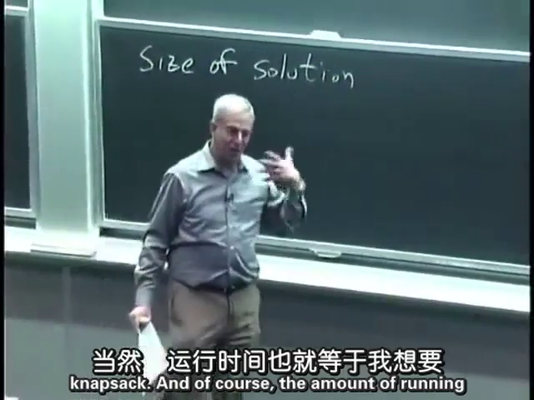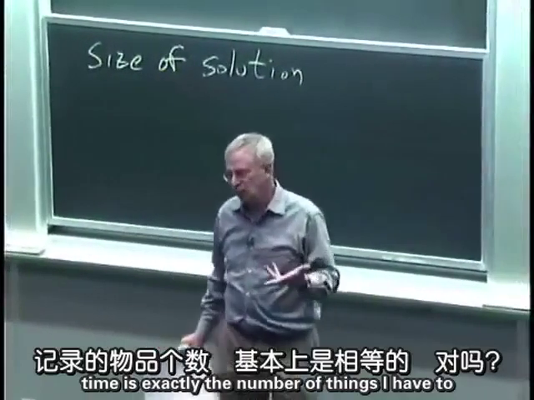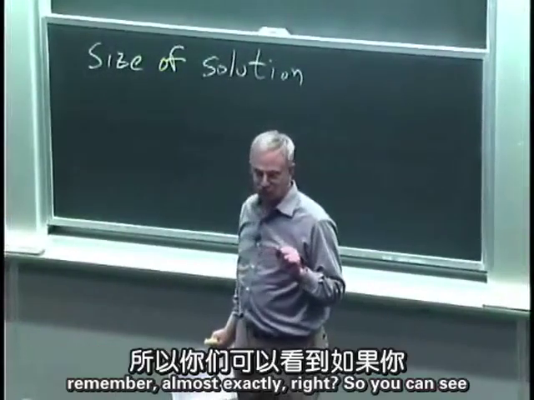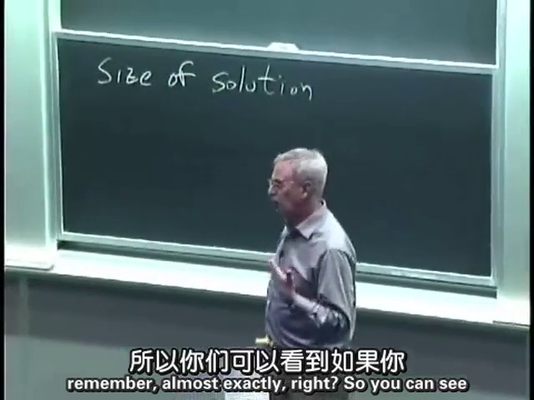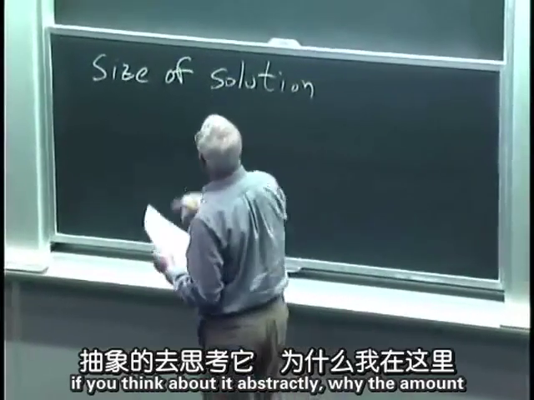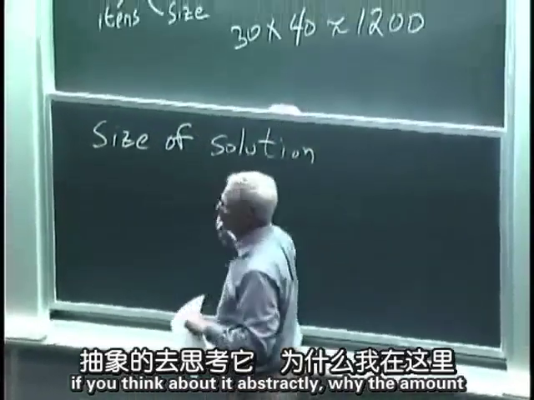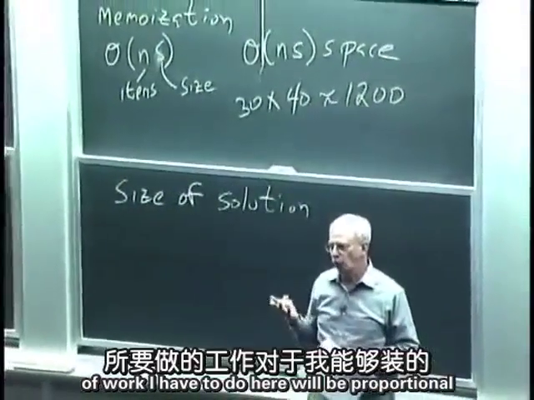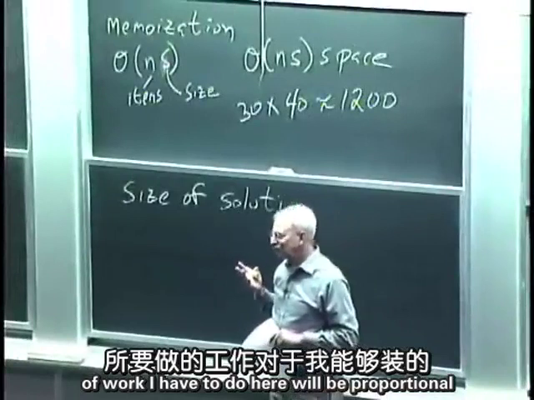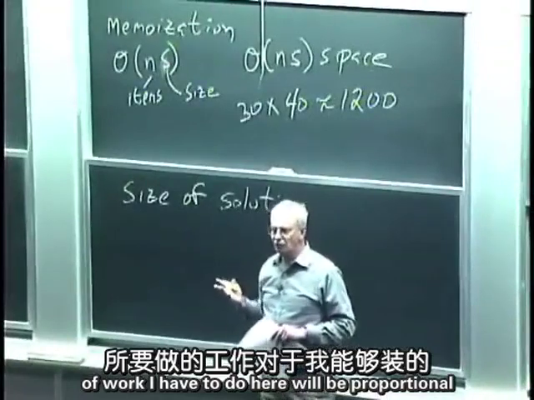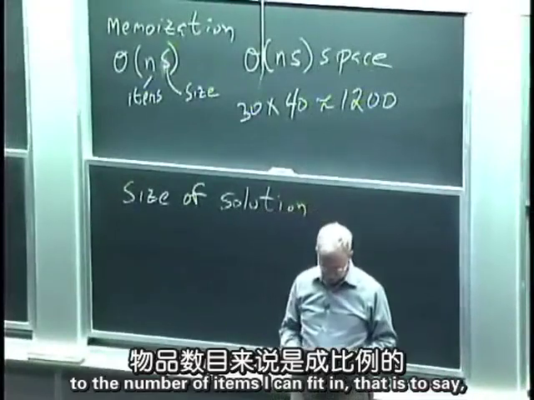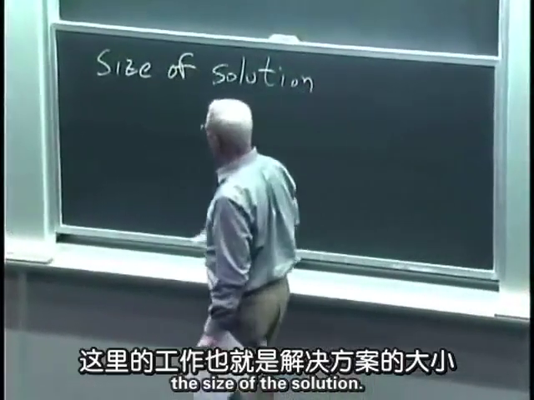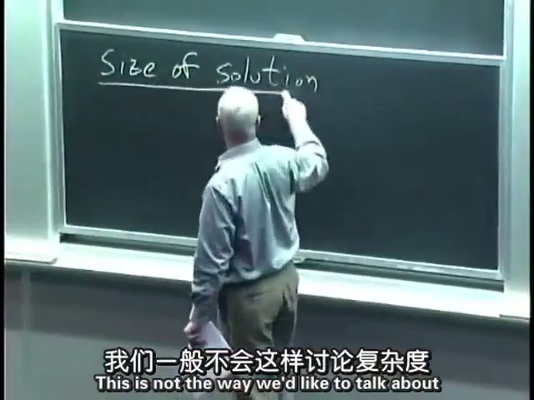And of course, the amount of running time is exactly the number of things I have to remember, or almost exactly, right? So you can see, if you think about it abstractly, why the amount of work I have to do here will be proportional to the number of items I can fit in, that is to say, the size of the solution. This is not the way we like to talk about complexity.